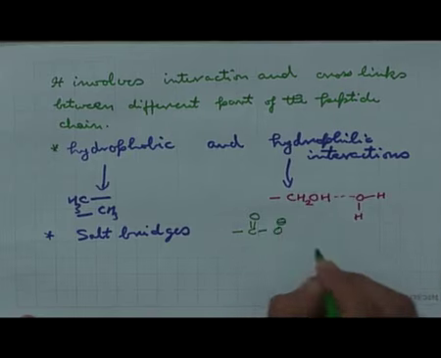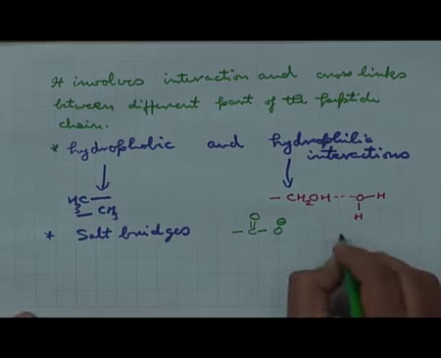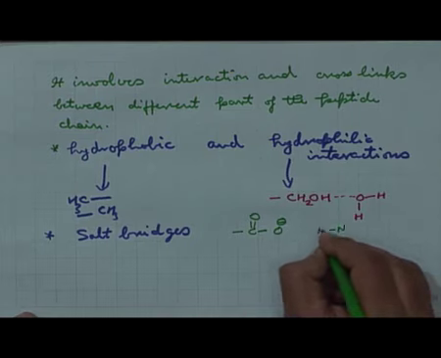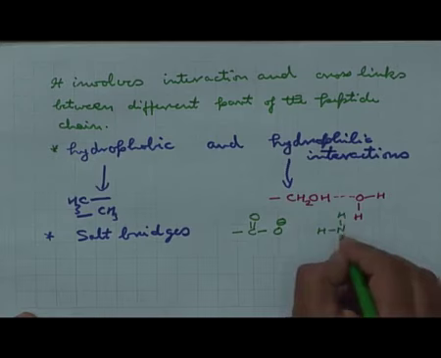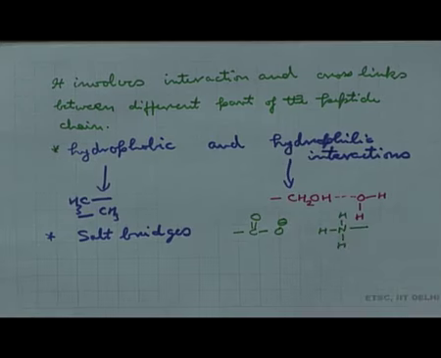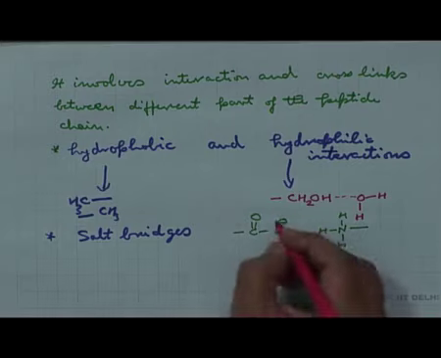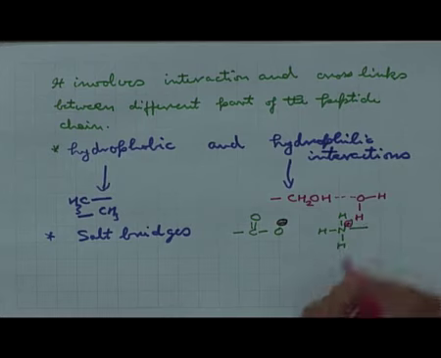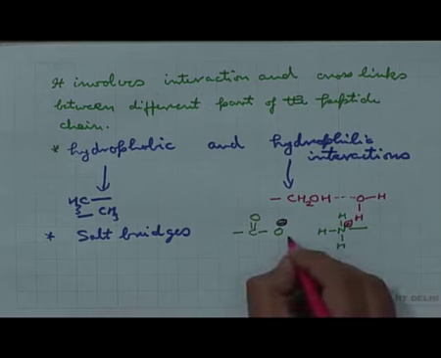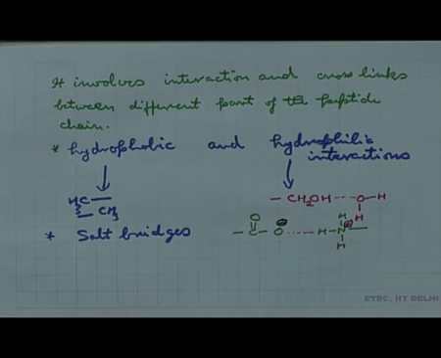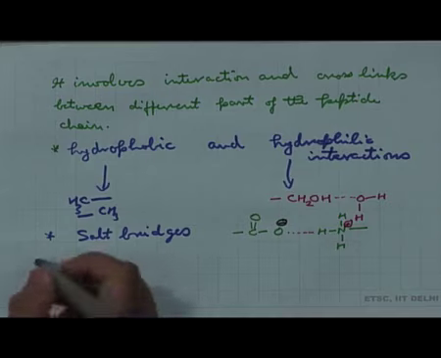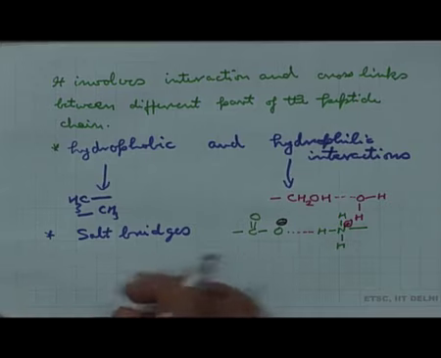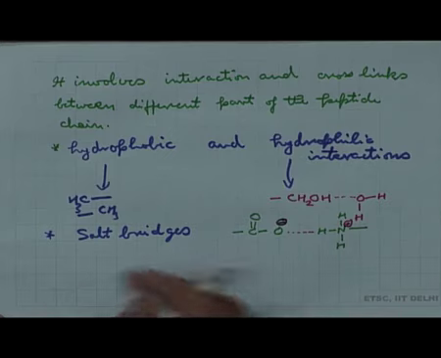The carboxylate group will have a negative charge, and in the same peptide chain if the amino group is in the ammonium form, that will be positively charged. So, to make it clearer, I am putting here negative and here positive. Now, carboxylate is negatively charged and ammonium is positively charged, so they will have an ionic interaction among themselves. So, salt bridges become like a charged interaction.